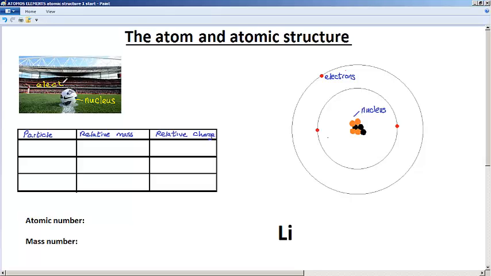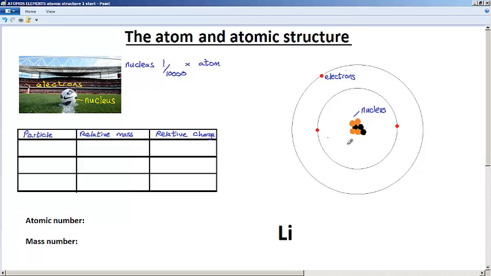So if the diameter of the atom is a football stadium, then the nucleus would be within this football on the centre spot. As a rule of thumb, we can say roughly the nucleus is about 10,000 times smaller than the diameter of the atom itself.